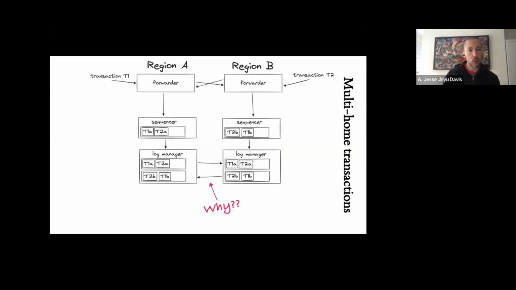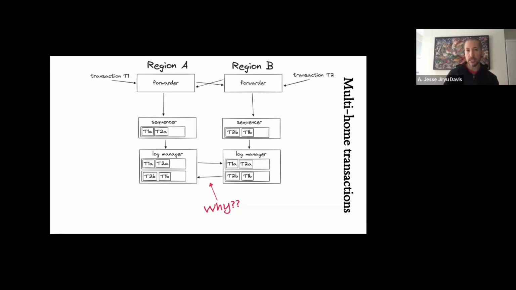Here's another question. Why are we doing this replication here? Because it seems to me that the forwarder at the top of the diagram knows everything about each of these transactions. Region A actually knows all of the region B keys that both of the transactions are going to work on, and so it could generate the graph placement transactions for all of the keys.